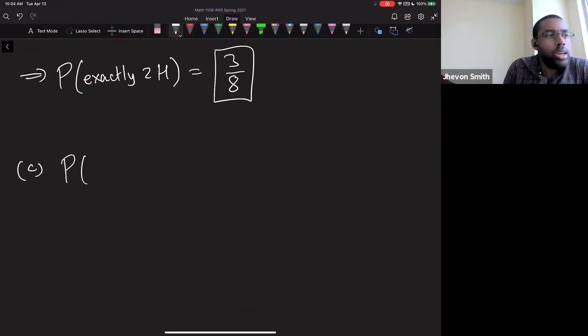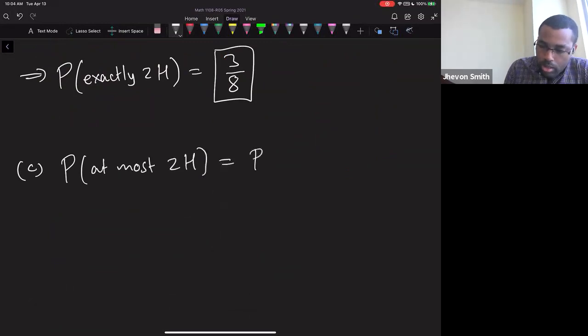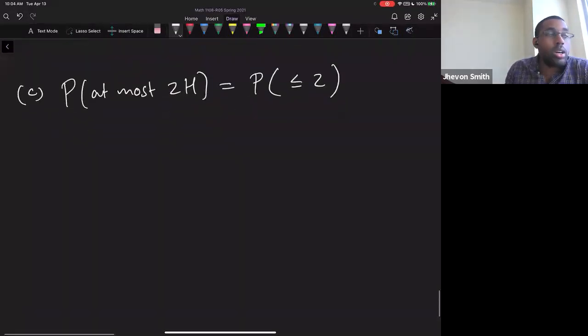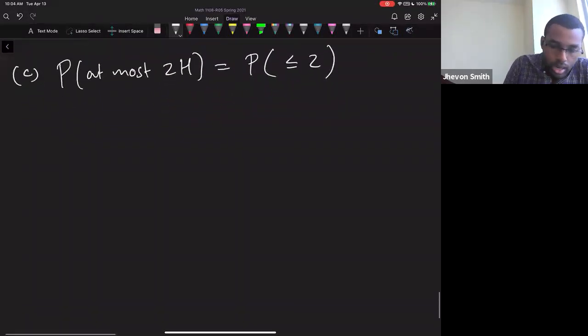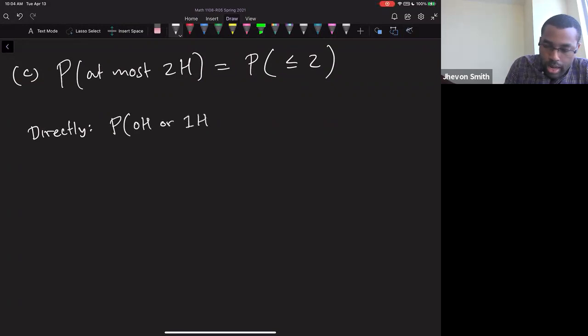So this is a probability of at most 2. That's the probability of less than or equal to 2. There are a couple ways I can think about this directly. I can think of this as the probability of 0 heads or 1 head or 2 heads.